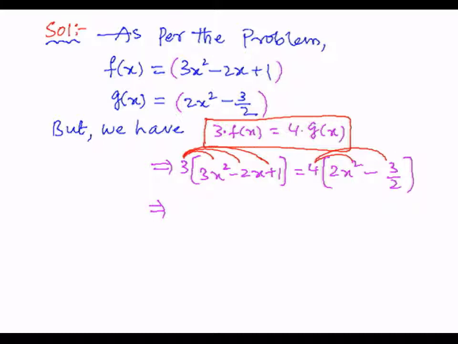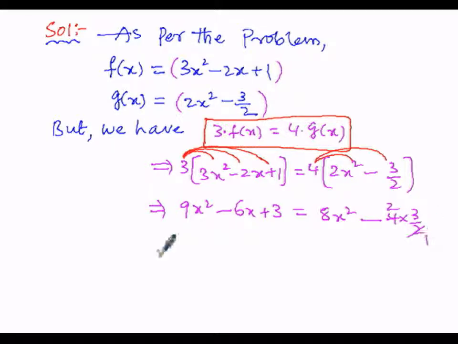Then the next logical step: 3 3s is 9x square minus 3 into 2 is 6x plus 3 1s is 3, equals 4 into 2 is 8x square minus 4 into 3 by 2. By cancellation, the denominator 2 1s and the numerator 2 2s is 4.